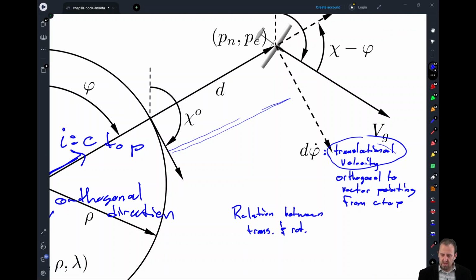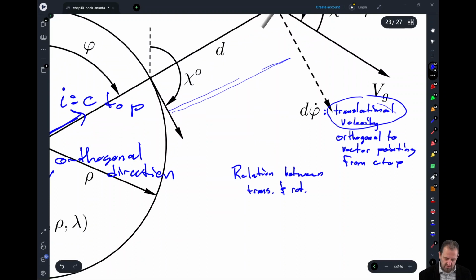Our rotational velocity omega is just going to be equal to our translational velocity all over some radius r.